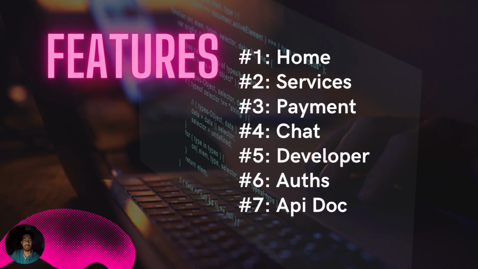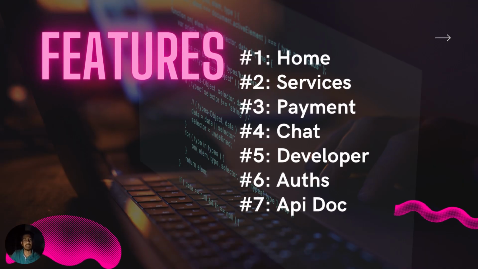So next we'll see other features the project has. Some of the features that we'll be seeing in our next couple of minutes are the services section, payment section, chat section, developer section, authentication and authorization section, and the API documentation of this project.